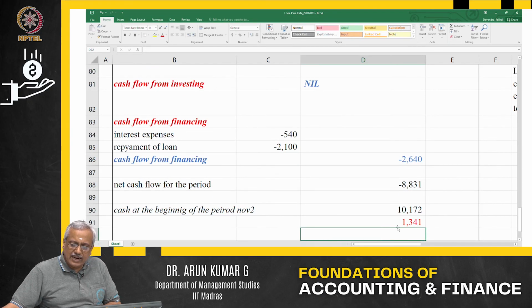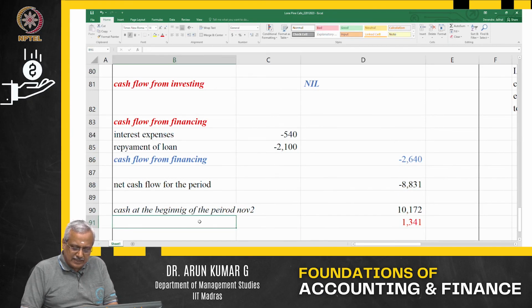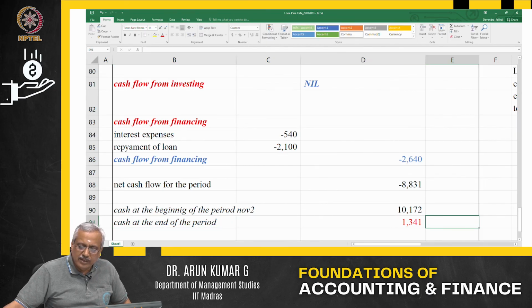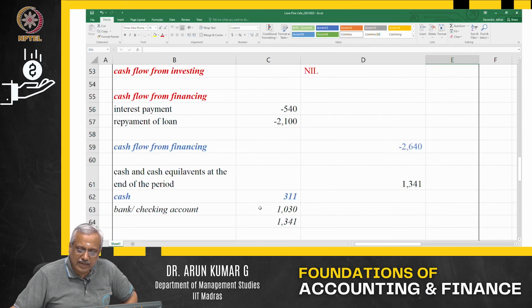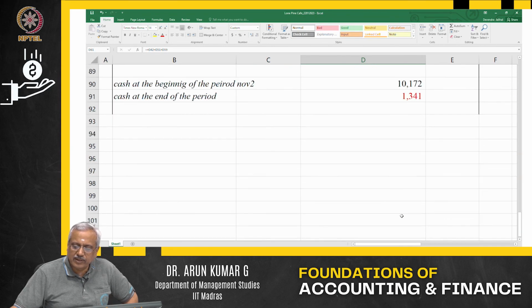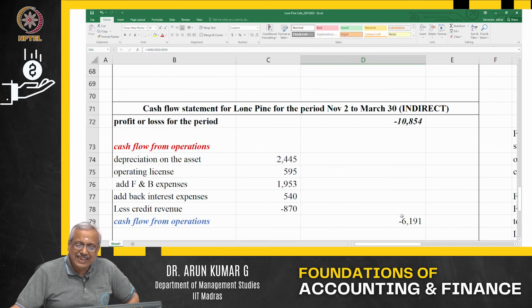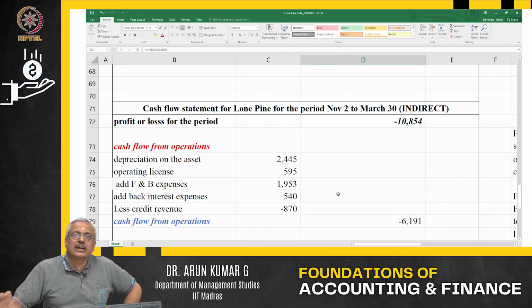It will be 1341, which is what we arrived at earlier, the same amount out here. This is what we call the indirect method of preparing a cash flow statement.